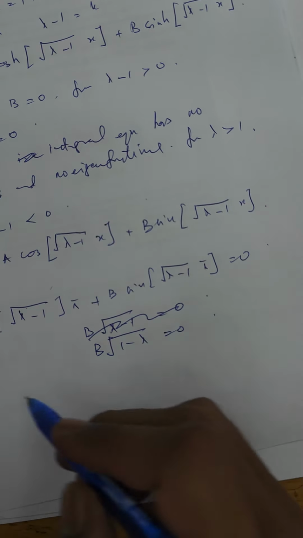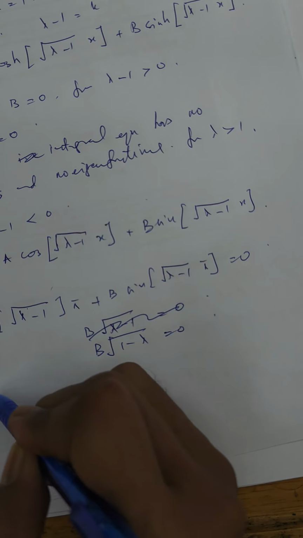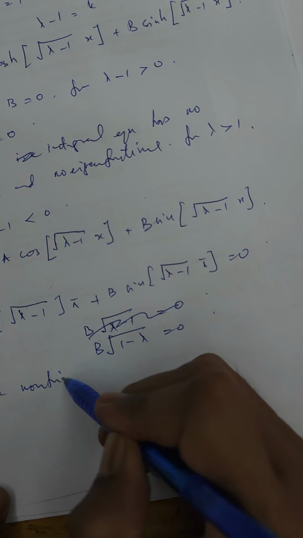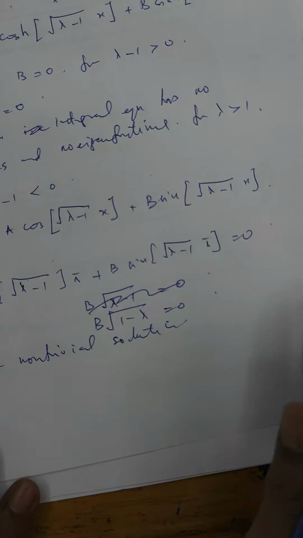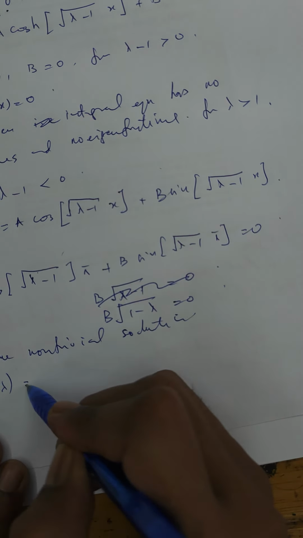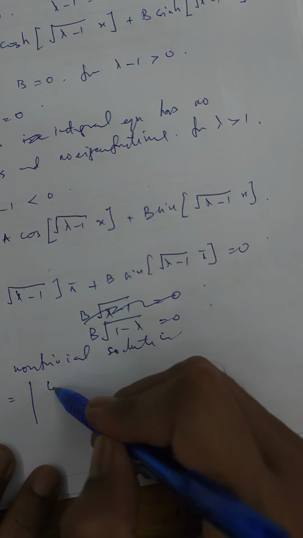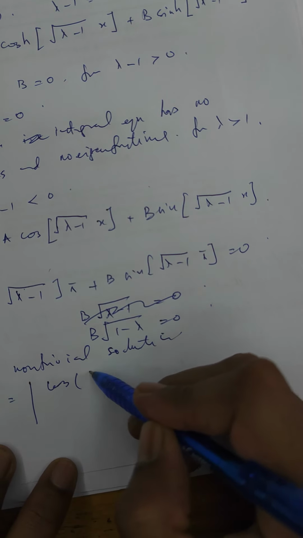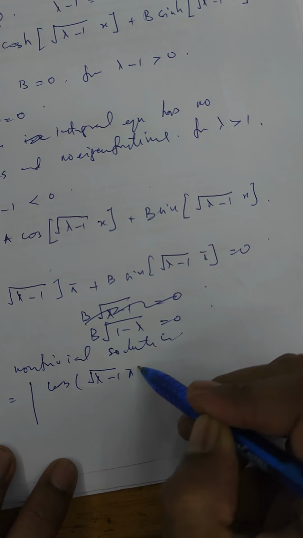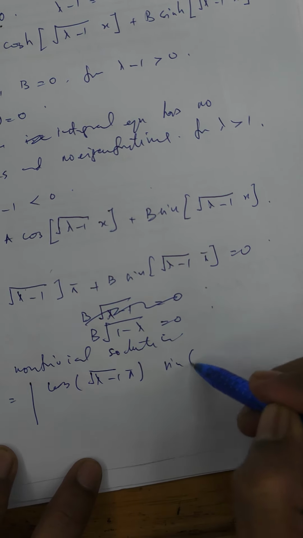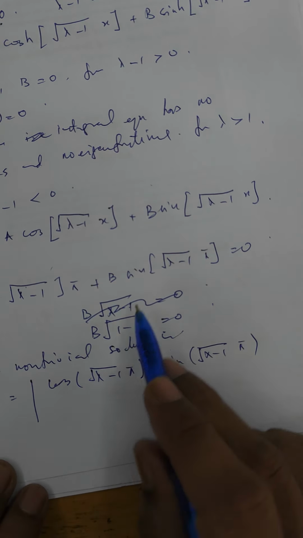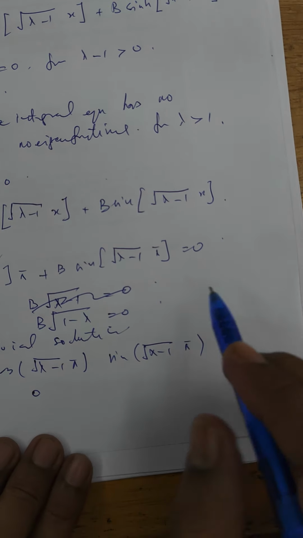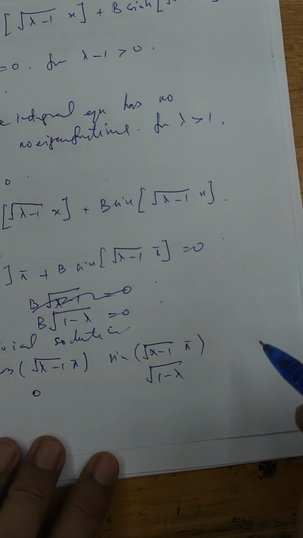Okay, for the non-trivial solution, we need the determinant of those to be 0. So we have cos(square root of 1 minus lambda pi), sine(square root of 1 minus lambda pi), and here we have 0 and 1 minus lambda.